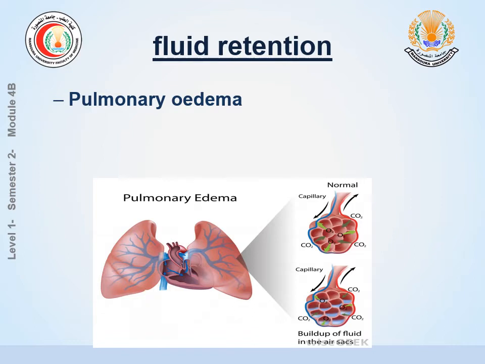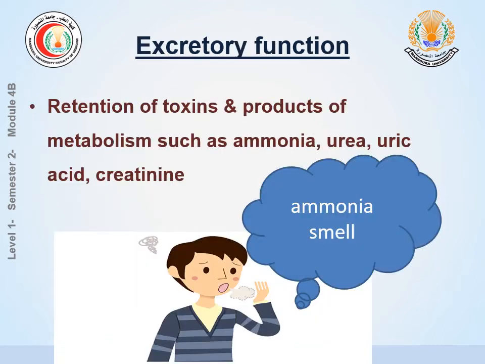So instead of having air in the alveoli and maintaining the diffusion process of the exchange of carbon dioxide and oxygen, fluid will be accumulated inside the alveoli and will interfere with this exchange process.